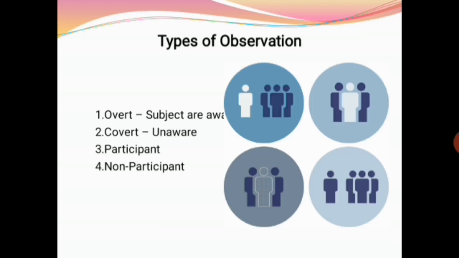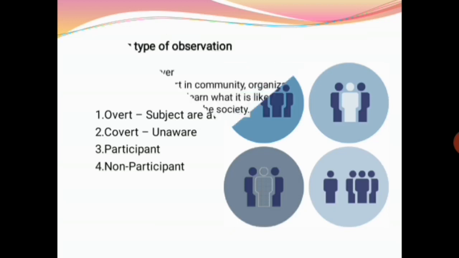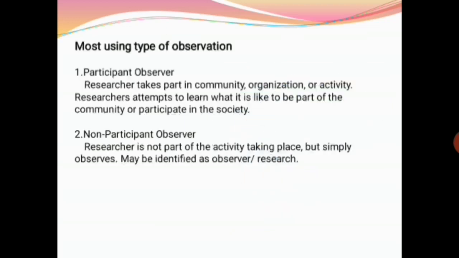Some observation types are available: participant observation or non-participant observation, and overt and covert. Overt is a subject-aware observation and covert is an unaware observation. Mostly observation data collection covers the participant observer and non-participant observer.